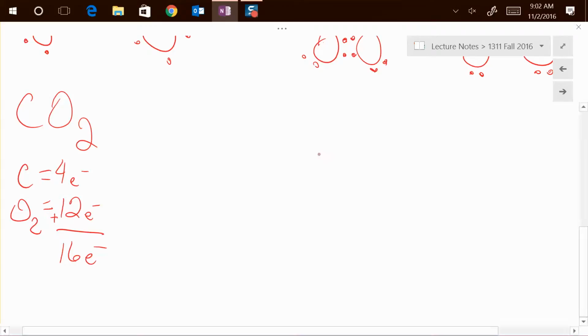Which element goes in the middle? Carbon, because it's the least electronegative. Carbon surrounded by 2 oxygens. I want to satisfy the octets of everything. That's my starting point. What do I do to this oxygen? I put 6 electrons around it.